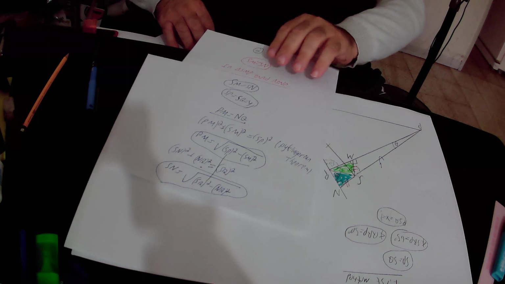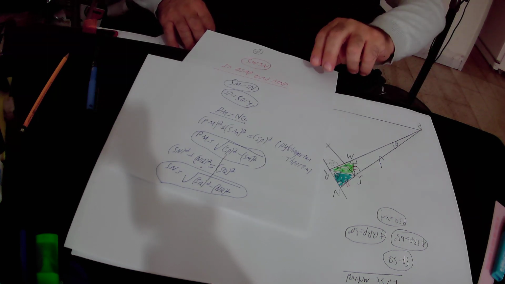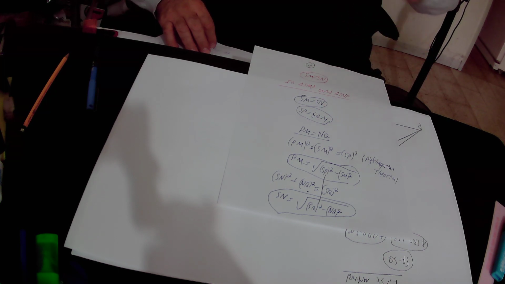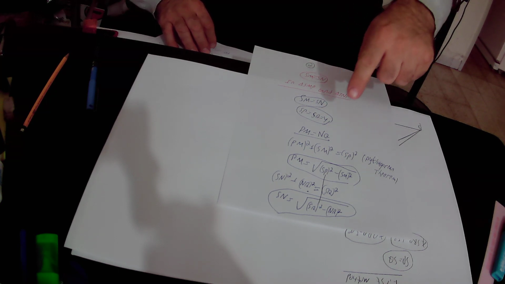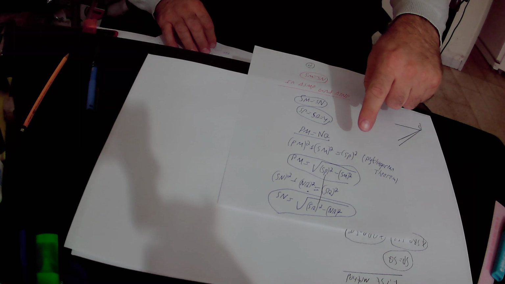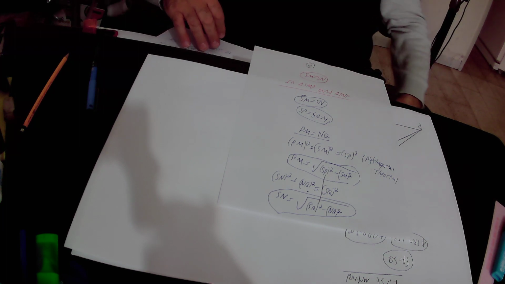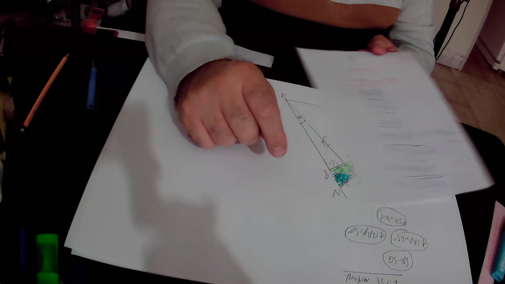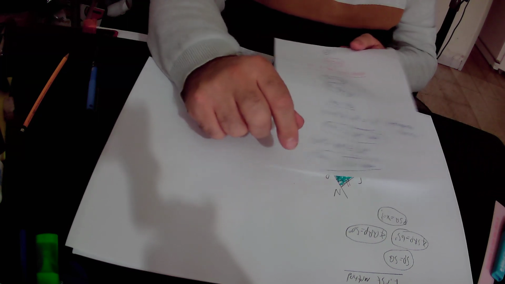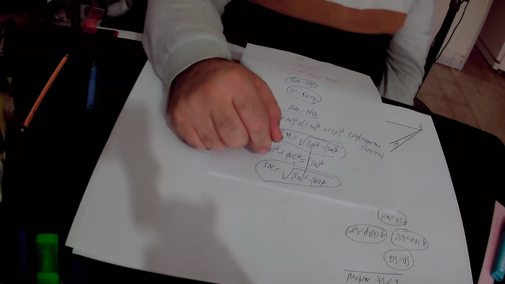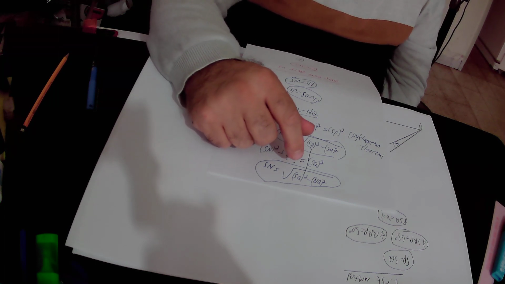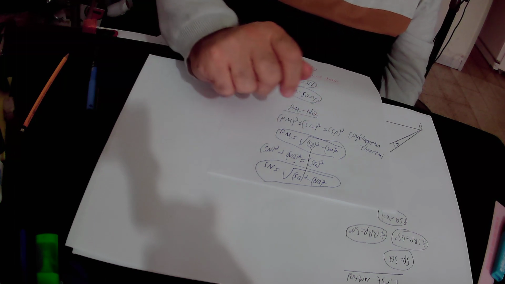Because triangle SMP is a right triangle, we can apply the Pythagoras theorem to the right triangle SMP. Therefore, PM equals the root of SP square minus SM square. And because SNQ is a right triangle, according to the Pythagoras theorem, SN equals the root of SQ square minus NQ square.